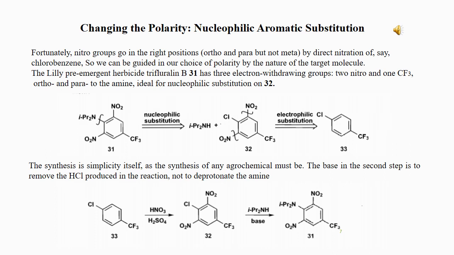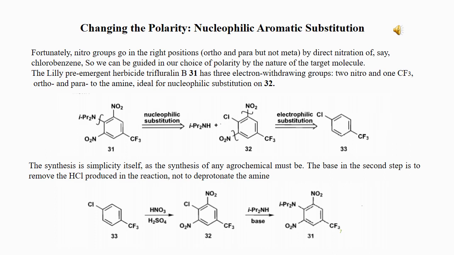It means that when diisopropylamine attacks the benzene ring, benzene should be electrophilic in nature. Benzene should have a deficient character. These two nitro groups give that electron deficient character to the ring 32.